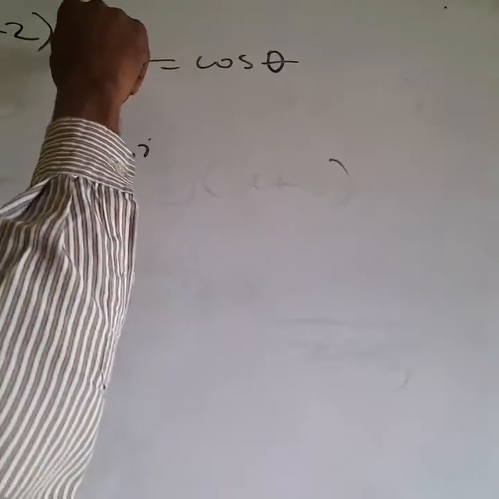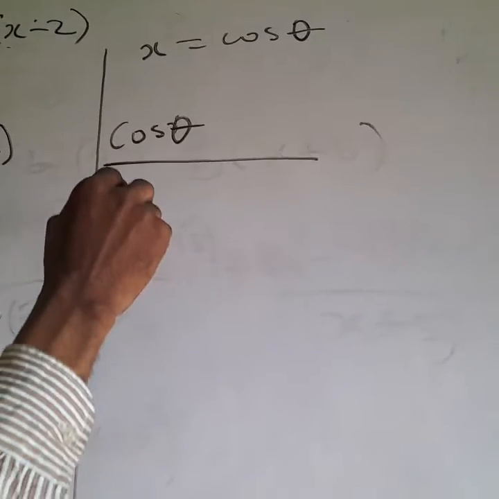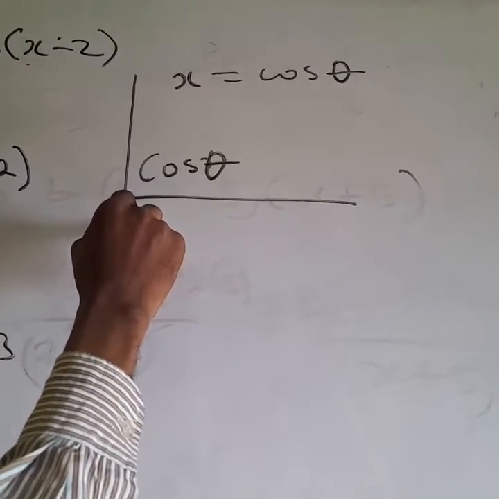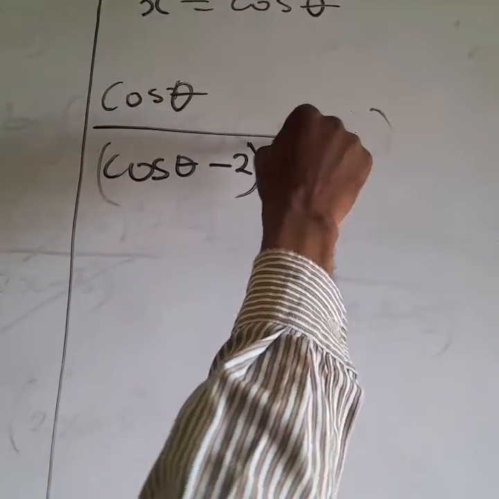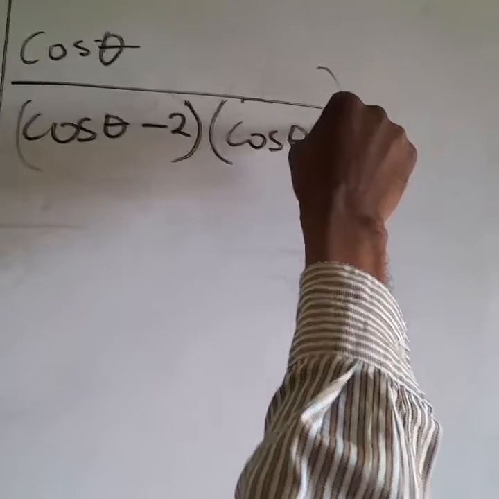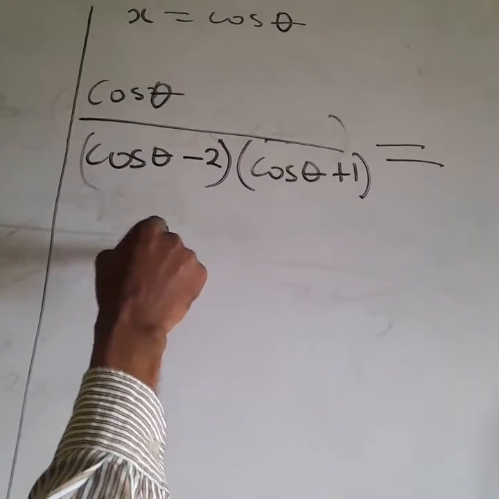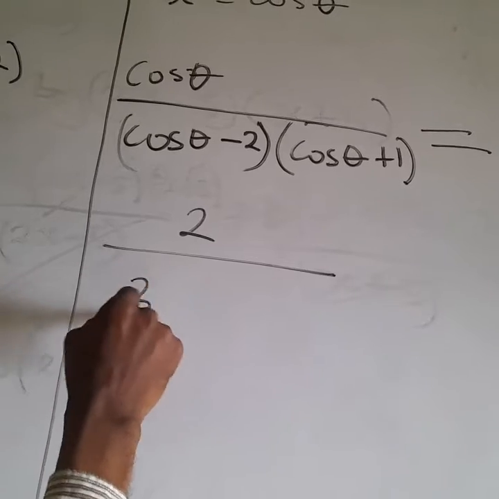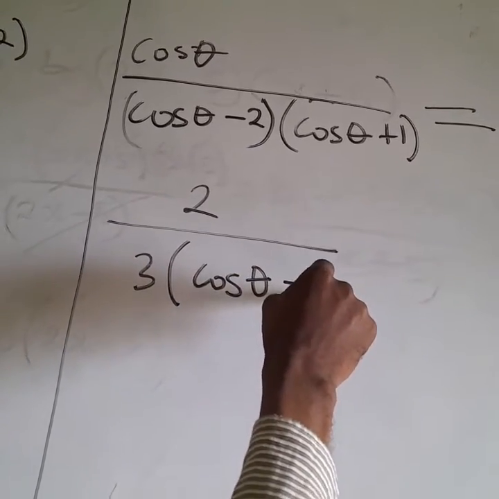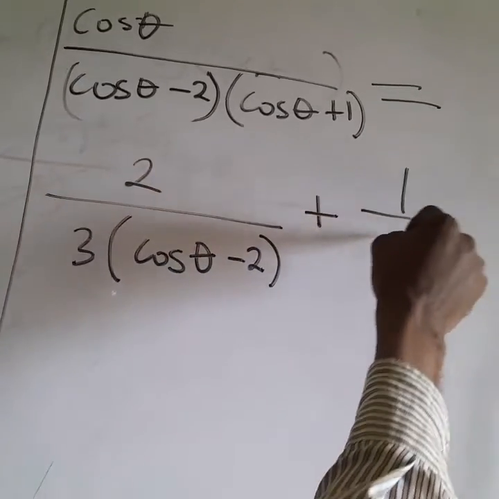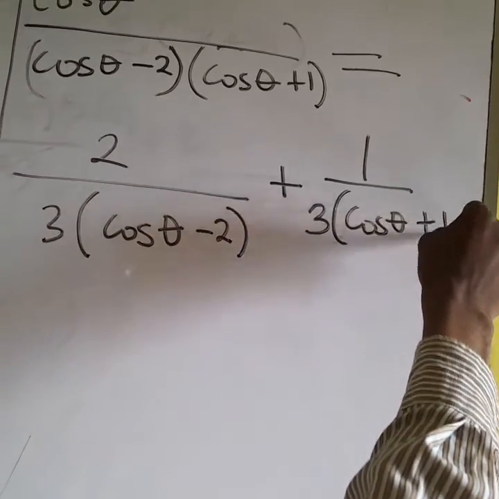So we now write it as cos theta over cos theta minus 2 into cos theta plus 1, which is equal to 2 all upon 3 into cos theta minus 2, plus 1 all upon 3 into cos theta plus 1.